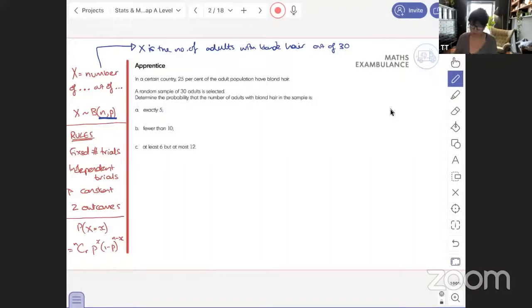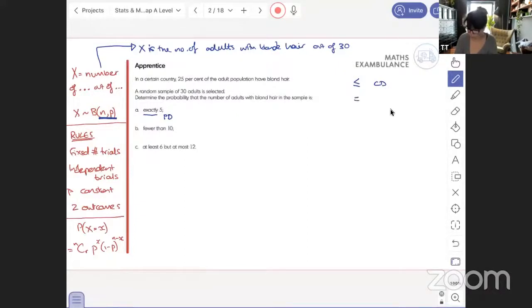And the way that you choose it is that it's either going to be exactly or less than or equal to. So if it says exactly, then you want binomial PD. If it says less than or equal to, you want binomial CD. I'm just going to put that over here, because we don't actually have any questions that say less than or equal to at the moment.